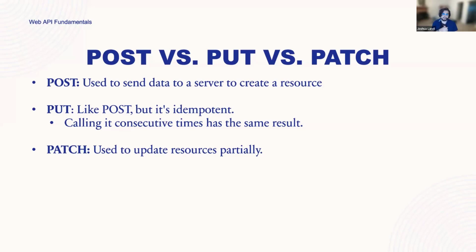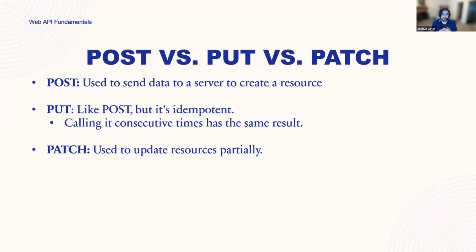And then patch is similar to put in that it does update data, but you only have to do partial updates. I'm kind of straying away from the social media example, but think about if you update your account on anything, you might just want to update your email or just your name.